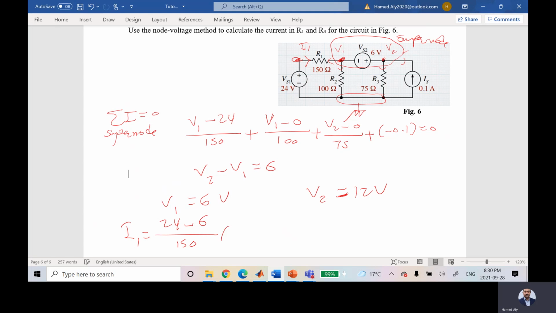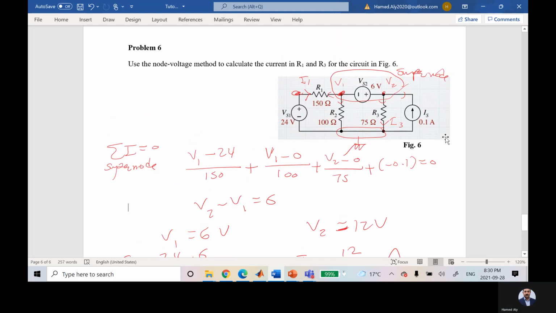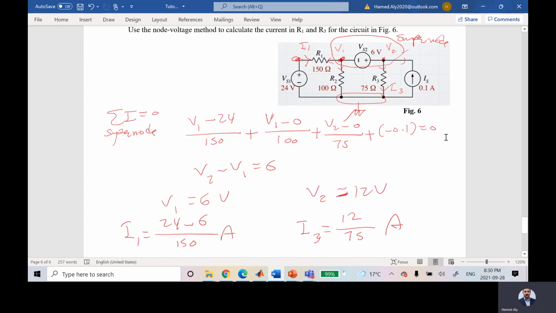And in the same way, I can calculate I2 in R3, or I can call it I3, which is this guy. This is I3. So it is equal to V2, which is 12, over 75. Am I right? Yes.